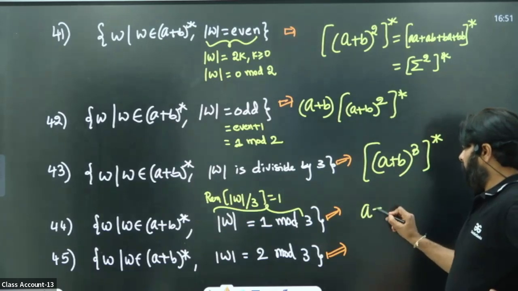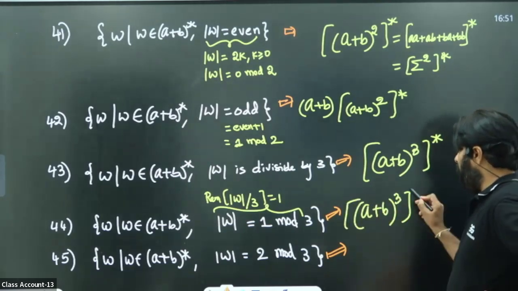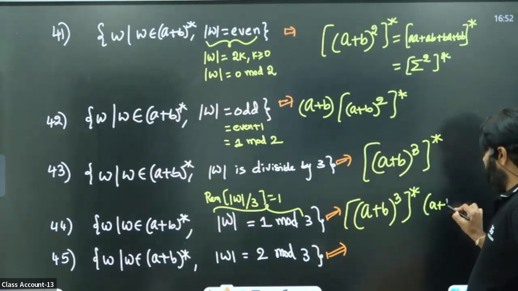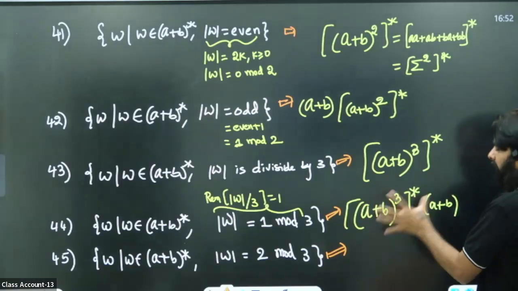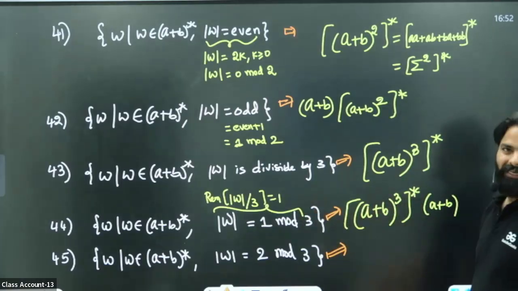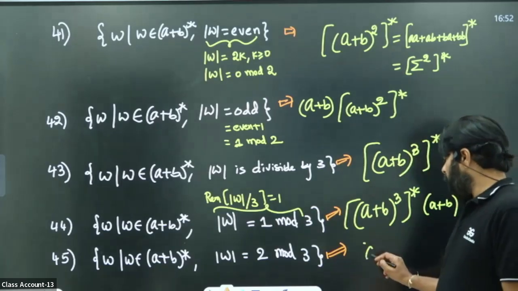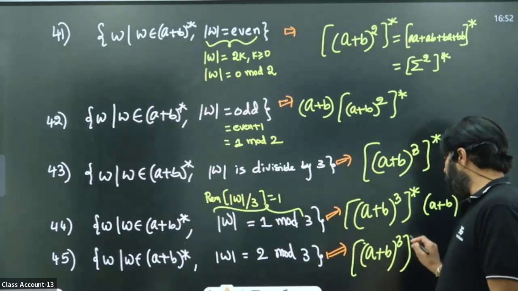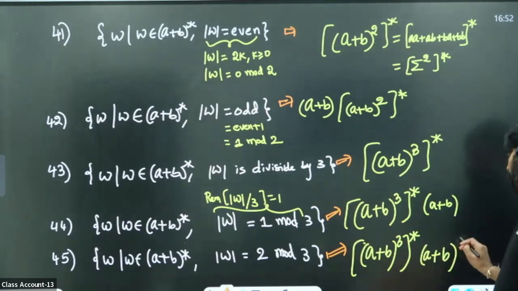So multiple of 3 you have here. If you want remainder 1, just one extra (a plus b) is required before or after. So this makes 1, this makes multiple of 3. So 3n plus 1, this one you can write as 3n plus 1 also. So 3n plus 2, remainder 2 you want. So this is the multiple of 3 concept, and remainder 2 you want, so extra 2 length is required, (a plus b) power 2.